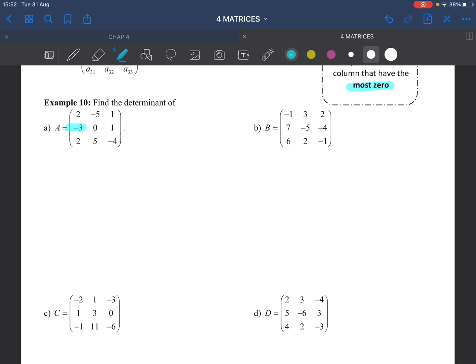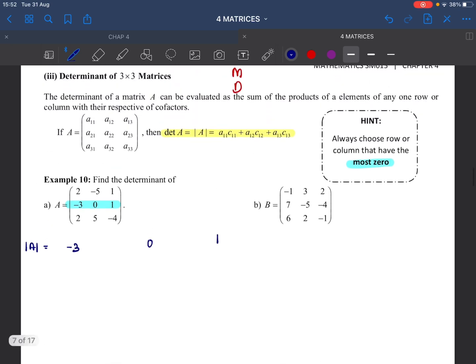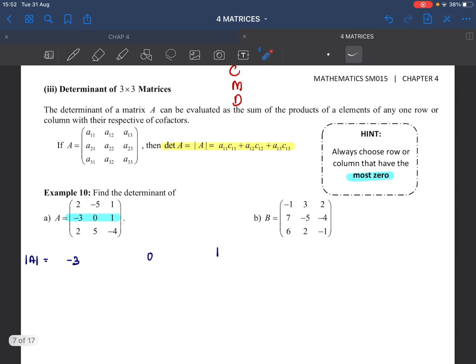Okay, negative 3, 0, 1. Okay, so we want to find a determinant of a 3 by 3 matrix. So we have determinant of A. So we choose the second row. So we write it down first, negative 3, 0, 1. Okay, so that is our A. What are our entries here?